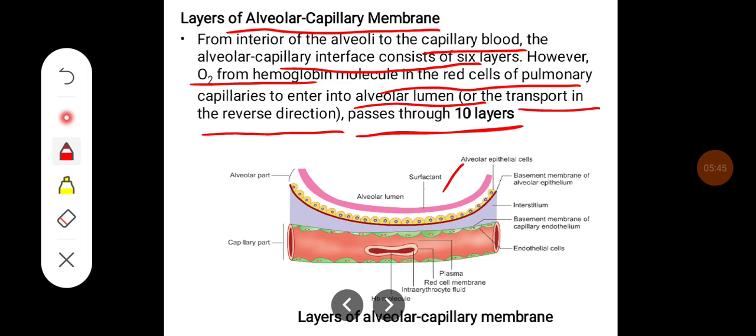The surfactant layer, the alveolar epithelial cell, and then the basement membrane, interstitium, basement membrane of the capillary endothelium, endothelial cells, then the plasma, red cell membrane, intraerythrocyte fluid, and then the hemoglobin molecule.